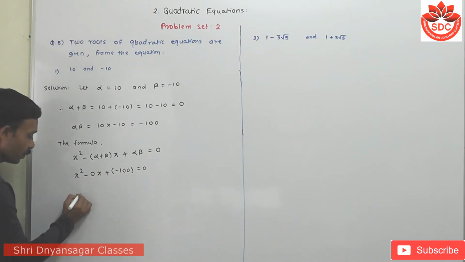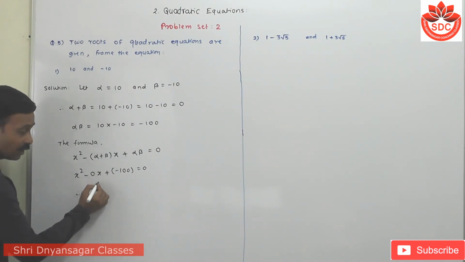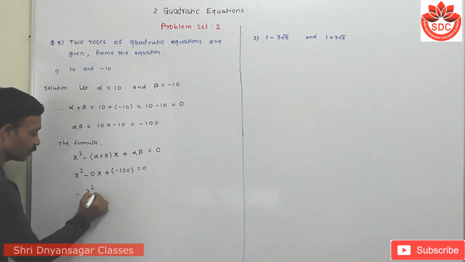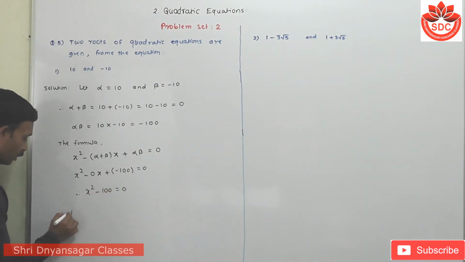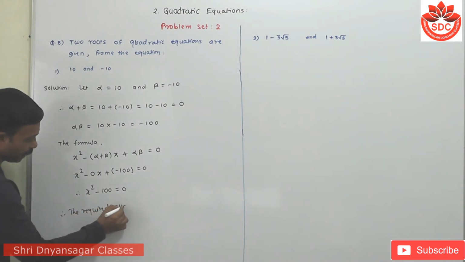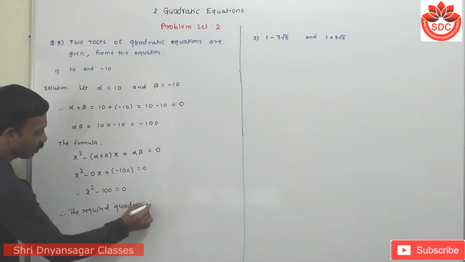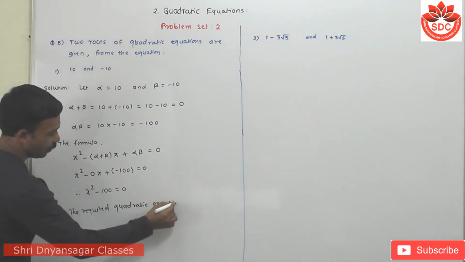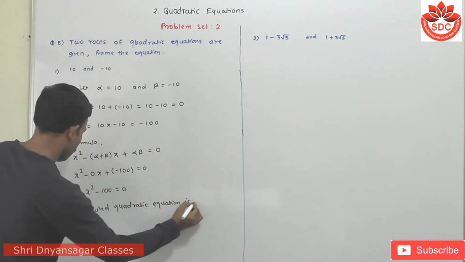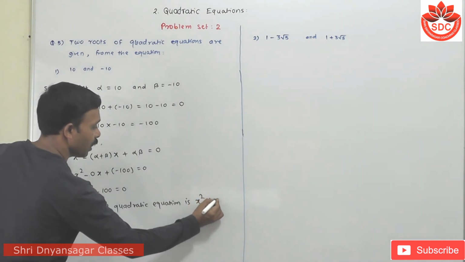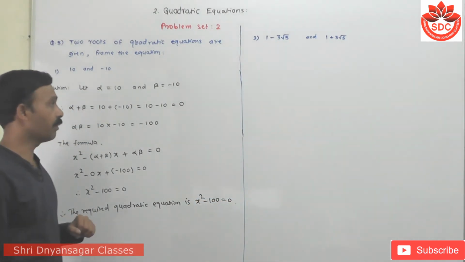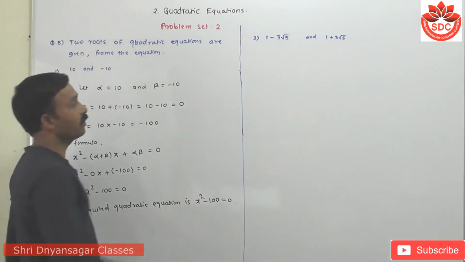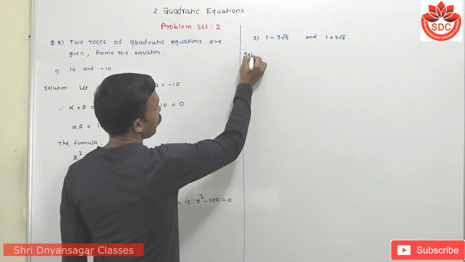That is, we write x square; minus 0x we cannot write here; plus minus is -100, is equal to 0. Therefore the required quadratic equation is x square minus 100 is equal to 0. This is the framed equation. Then we take the next question, the second sub-question, its solution.